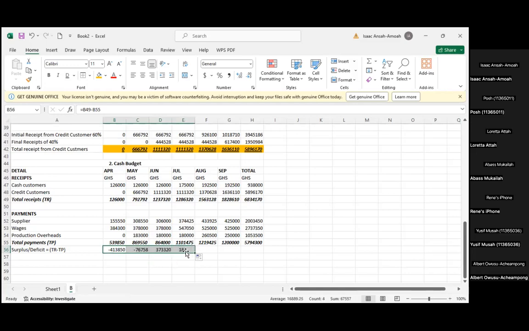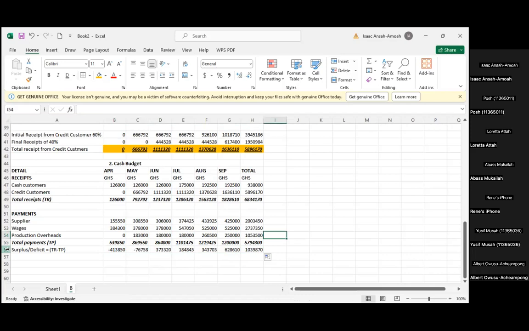Another surplus is chopped. Total receipt of August minus the total payment of August. Another. Then total receipt of September as against that of total payment of September. In that order. Then the total is, as we can see here.